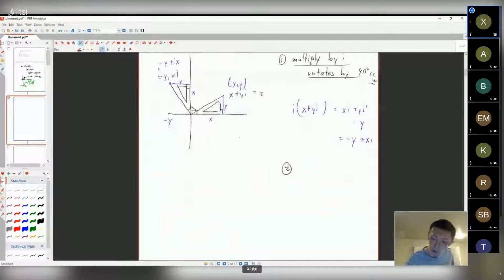Statement 2 that we should check is, if you multiply by an arbitrary complex number, let's say W. So let's just take W to be 3 plus 4i.